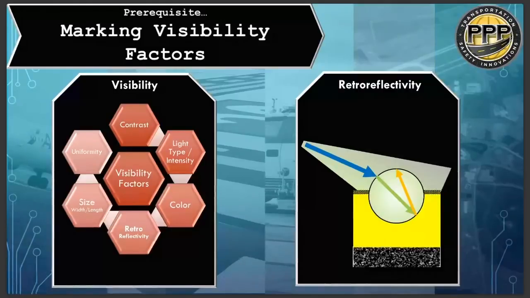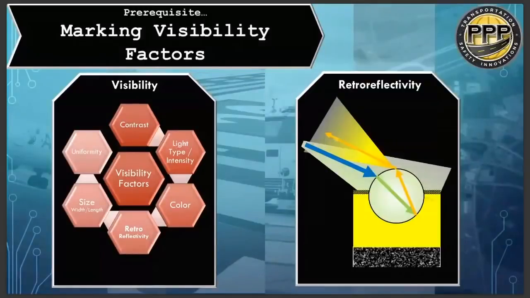So you can see that arrow now turns yellow and is reflected back to the light source. And so when we see markings at night, we are actually seeing the diffuse reflection, that cone that you see around the arrow. That is, in essence, how retroreflectivity works. And there are lots of variables that influence retroreflectivity.